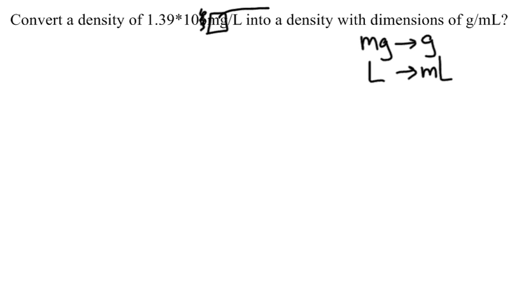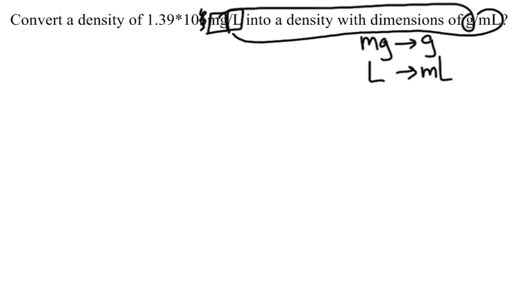I need to convert that into grams, and my liters here, I need to convert into milliliters. Because a density unit is a mass unit divided by a volume unit. So each one of those two units in this derived unit needs to be converted.